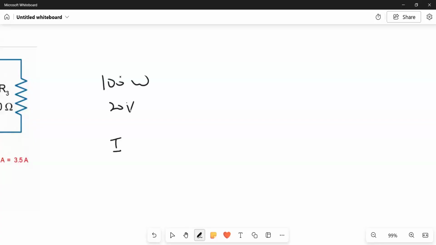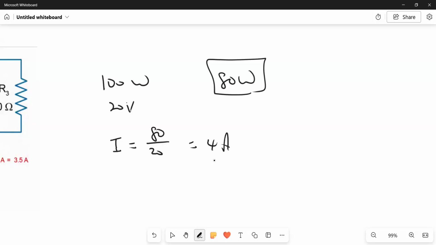Let's say it's going to give me 80 watts on a hot day. It never gives you 100 watts. So the current it will give you is 80 divided by 20, which is 4 ampere.